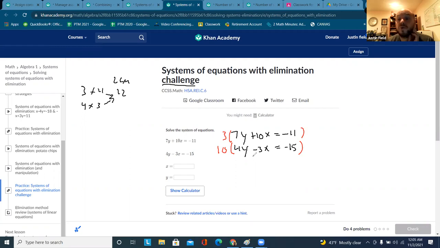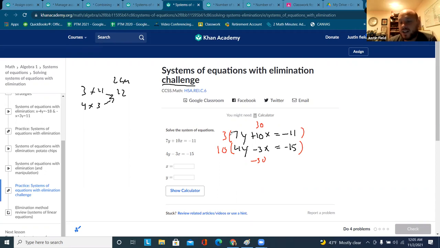Call that the old switcheroo. You see, because now 3 times 10 is 30, right? And 10 times 3 is 30. Negative, okay, negative 3. And then they would be opposites.